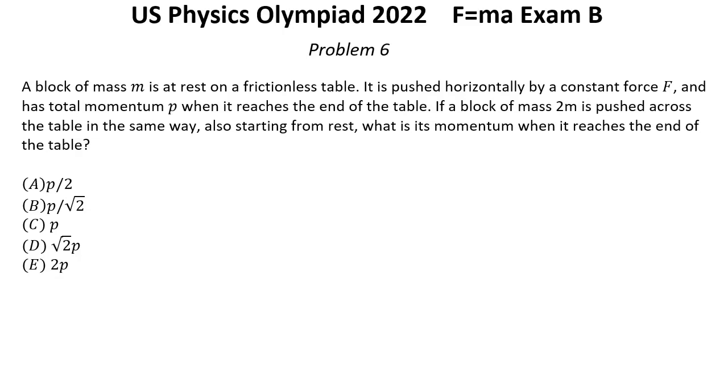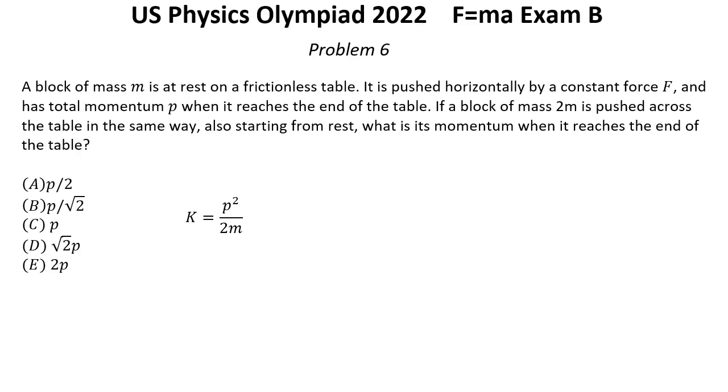Solution for problem number 6. Since the forces and the distances are the same, the total work done is the same. It means that total kinetic energy is the same, and the kinetic energy is related to momentum by the formula K equal P squared over 2m.